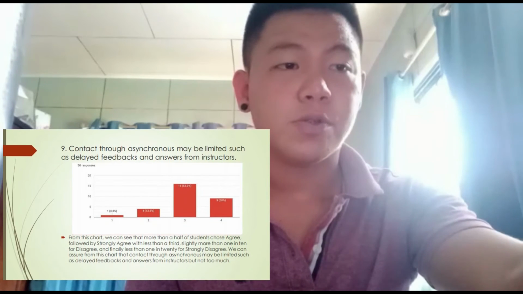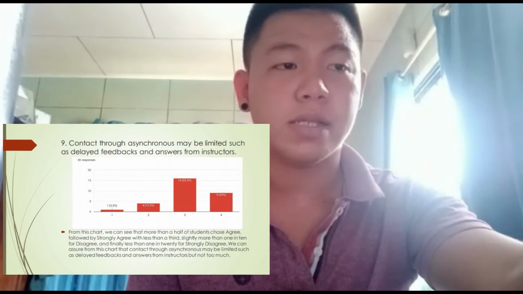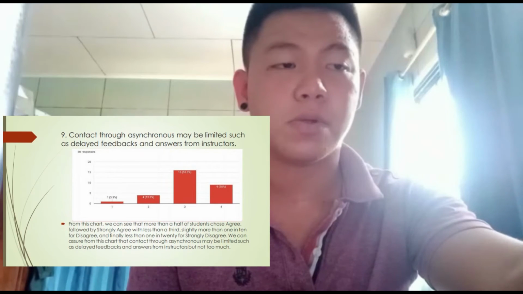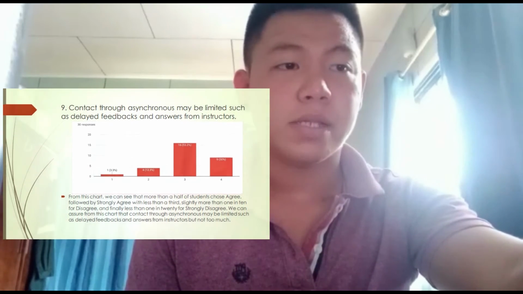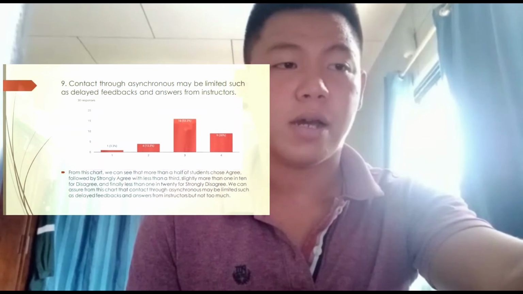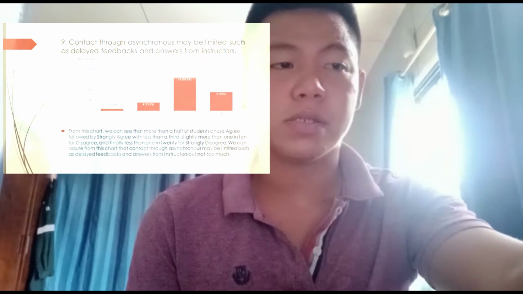We can assure from this chart that contact through asynchronous learning may be limited, such as delays in feedback and answers from instructors, but not too much.